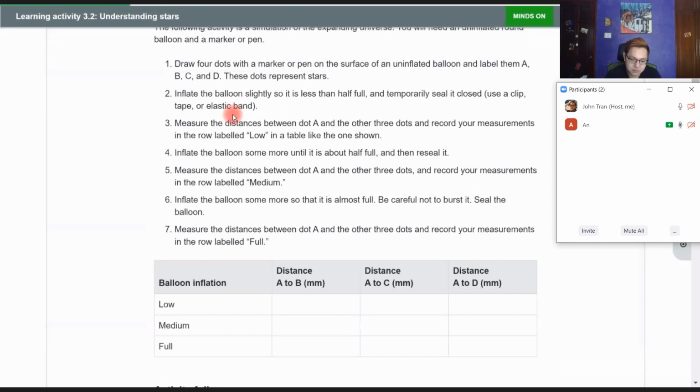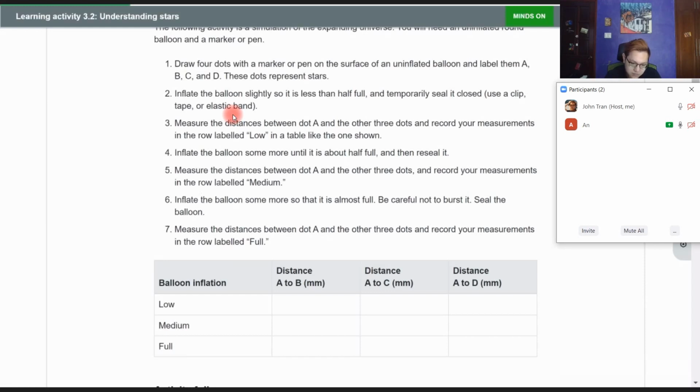Inflate the balloon slightly so it's less than half full, and temporarily seal it closed. Use a clip, tape, or elastic band. Measure the distance between dot A and the other three dots, and record your measurement in the row labeled low in a table like the one shown.